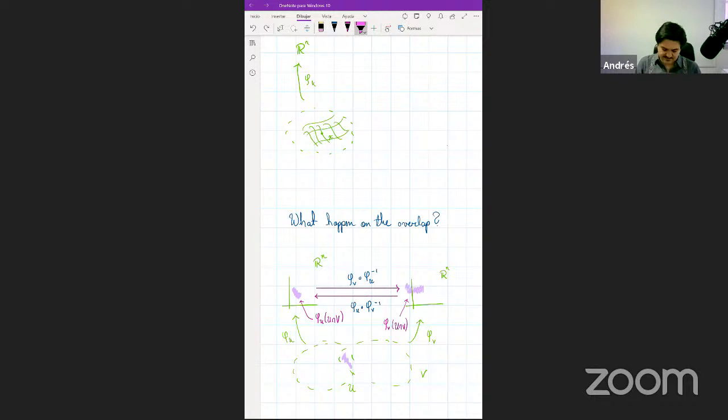And here is the same, equivalent. From this, I go down under phi_V inverse, and then I go up under phi_U. So every time that I have two charts, either they don't overlap, which I don't care, but if they overlap, I have this info. And that is going to give me the next definition of compatible charts.